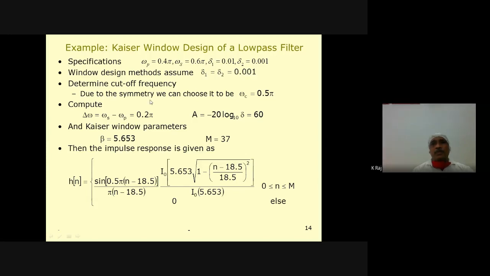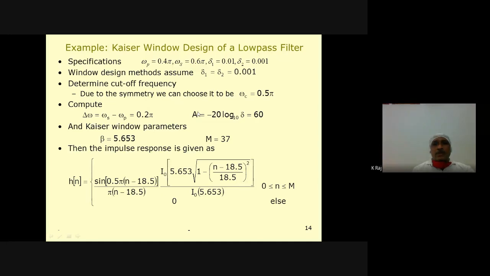And then we will determine A. On the basis of this, we can determine A. Here we have decided that since it is a symmetric filter and it lies between −π to π, we can select ωc equal to 0.5π.